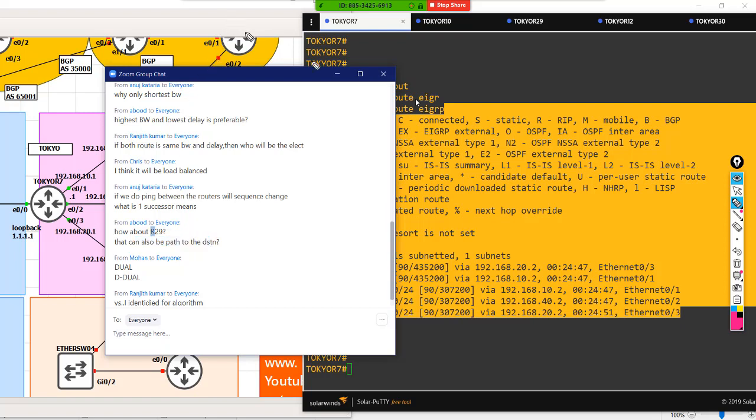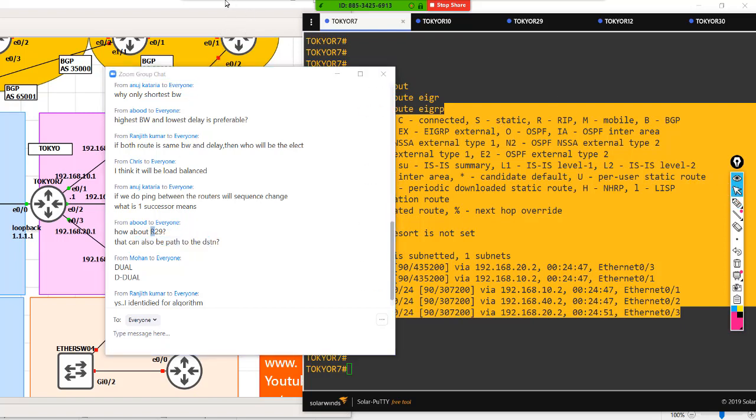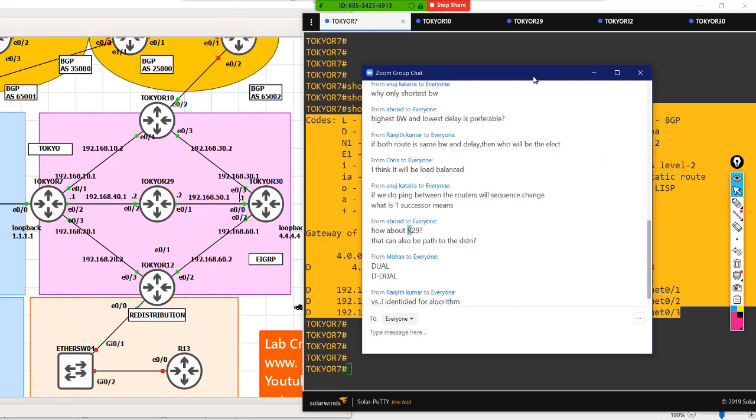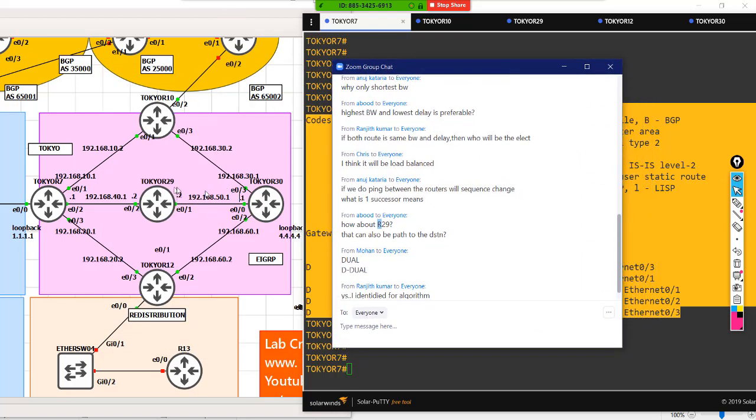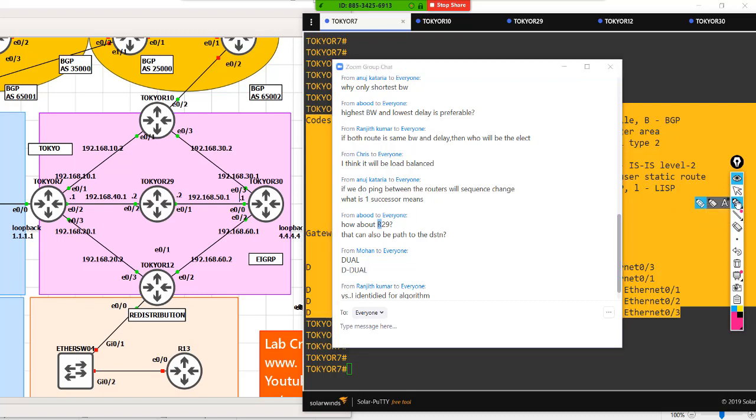In this scenario, let's say the 4.4.4, it had two best routes. The reason why it has not been selected is something which we need to check. So I'll tell you in the next class why it is not selected.